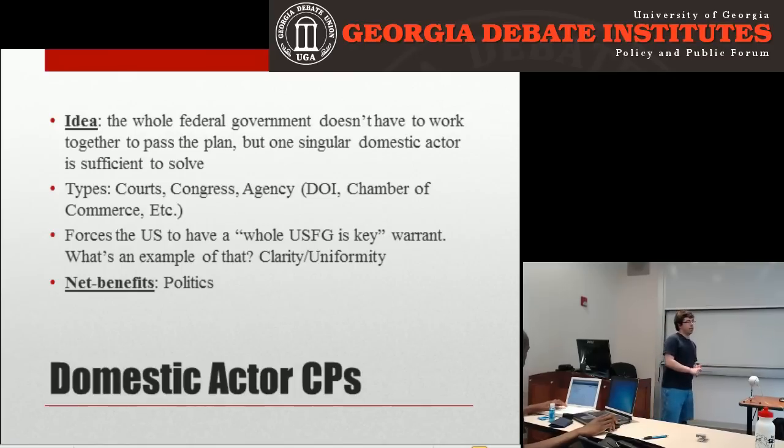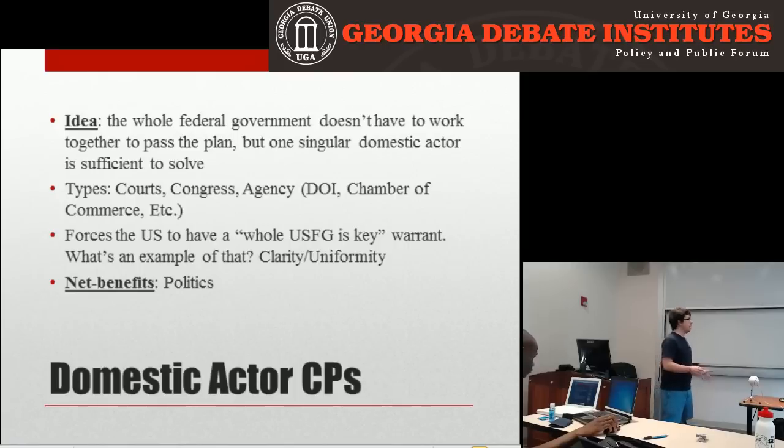So there's like the courts counterplan, which would, in the instance of the Cuba affirmative, require just the Supreme Court striking down parts of the Cuba embargo, or the Congress could do it by itself, or an individual agency could just do the plan, like the Chamber of Commerce or any sort of agency that does a lot of trading.